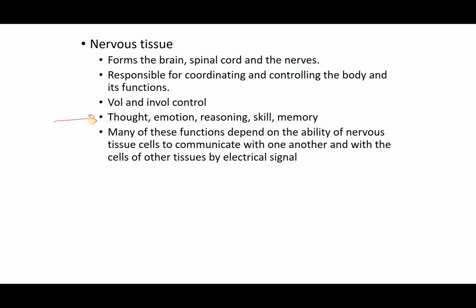Now later when we get into the nervous system, I'm going to dive in deeper on structure and function, how all this works, and also how to take care of your brain, spinal cord, and nervous system.